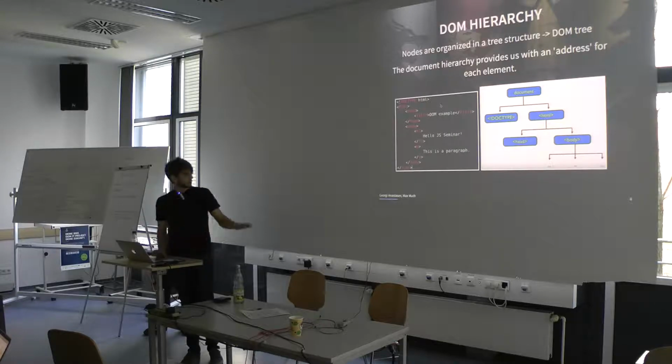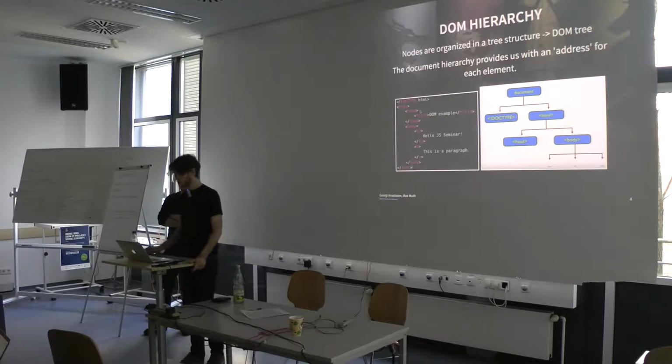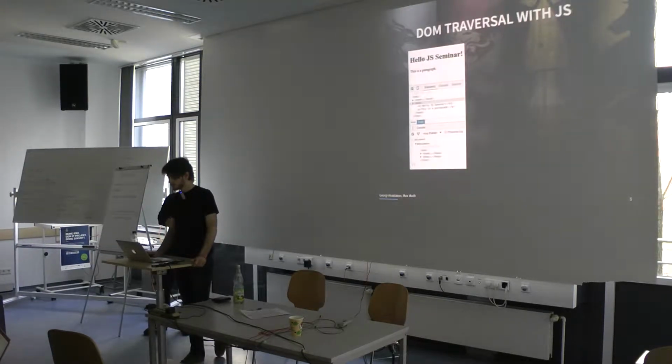It's a whole file, and it's split up into doctype and HTML, and then you can traverse and go to the bottom. For example, go here, Hello JS Seminar. It's also an element. Everything you see here is an element. Even the white space between head and title is an element of the DOM, and it is represented by empty space, a new line.